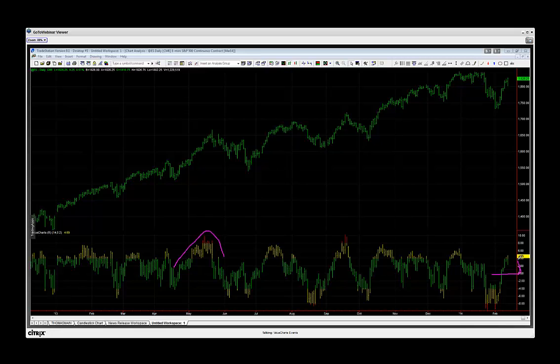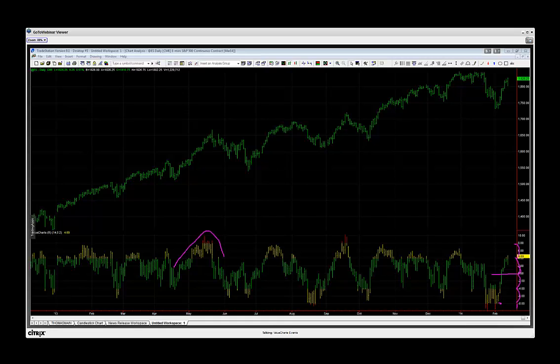From 0 to positive 4 DVUs and 0 to negative 4 DVUs is fair value. Above and below that, from positive 4 to 7.99 is moderately overvalued. Anything 8 and above is significantly overvalued. From negative 4 to negative 7.99 is moderately undervalued, and then below negative 8 is significantly undervalued. And these adjust based on the volatility of the market you're in.